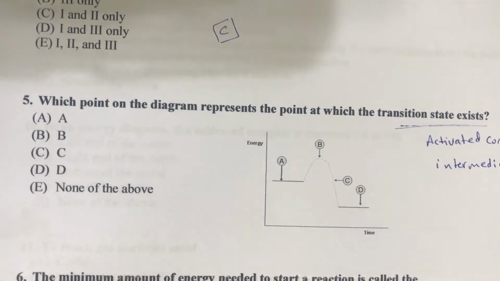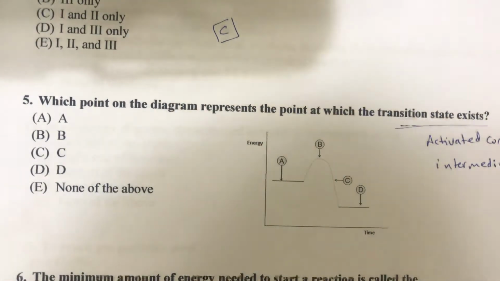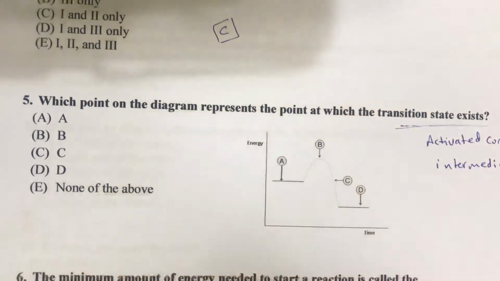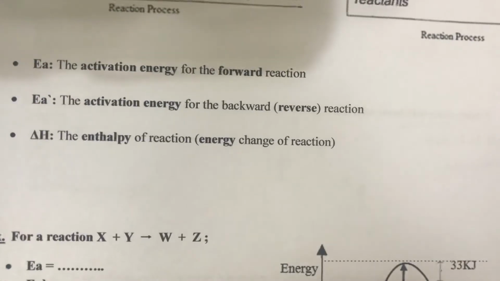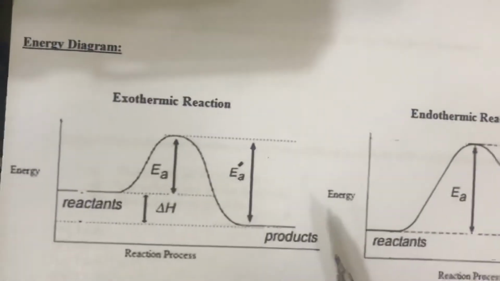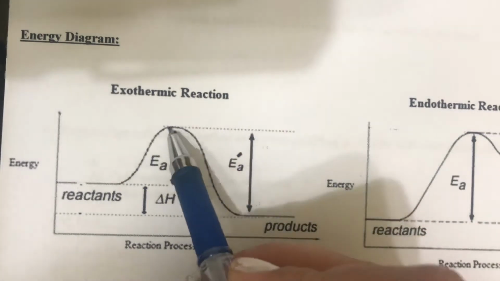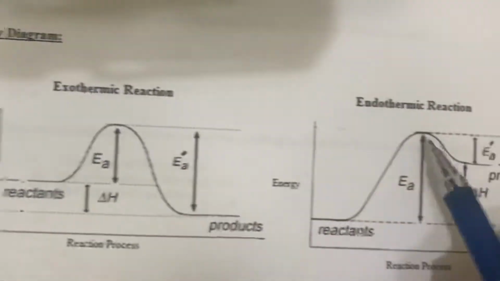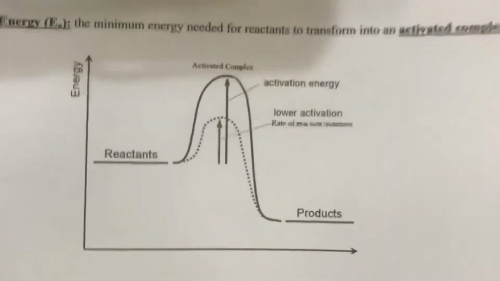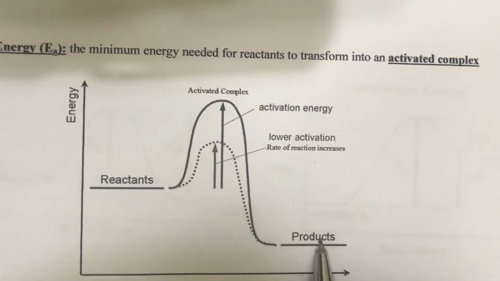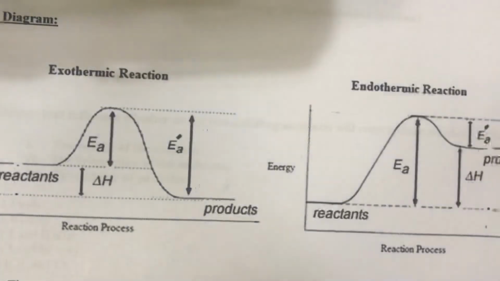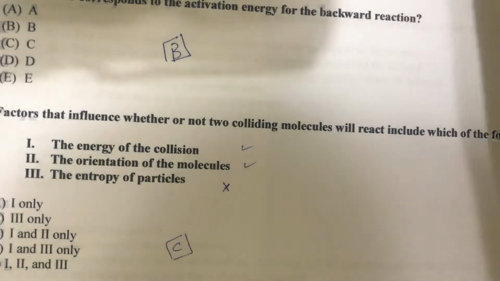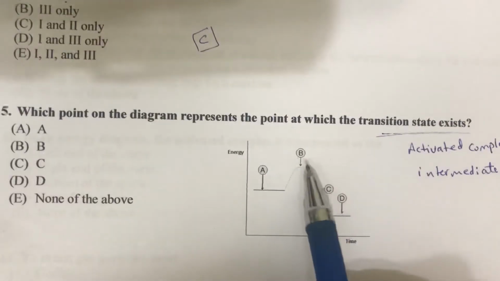So the correct answer is B. Here if you remember from the energy diagram, here the activated complex at the top. If you have reactants and products, here the activated complex. So the correct answer is B.